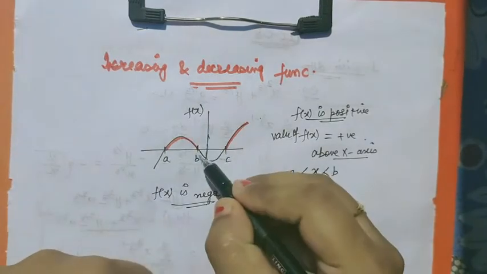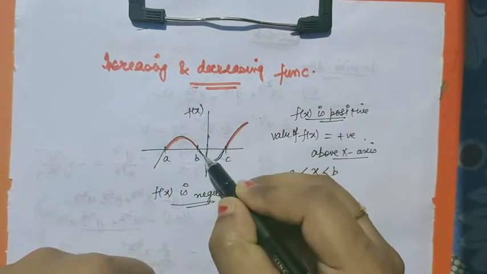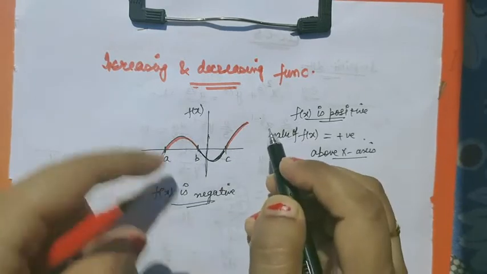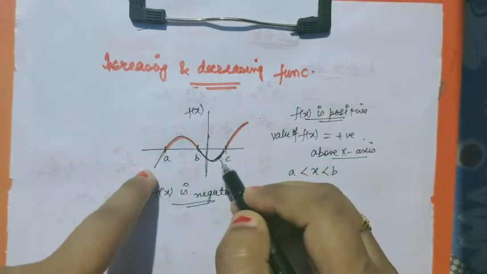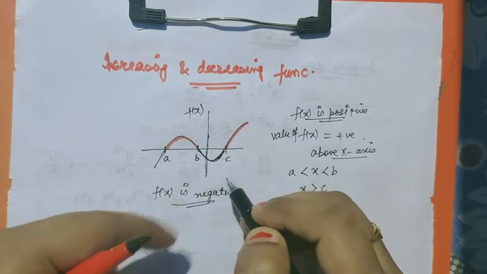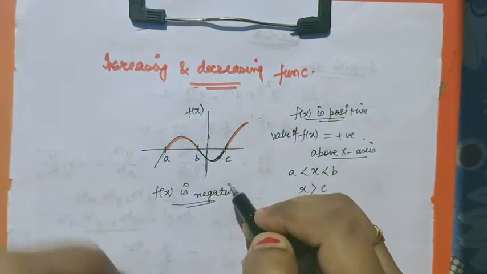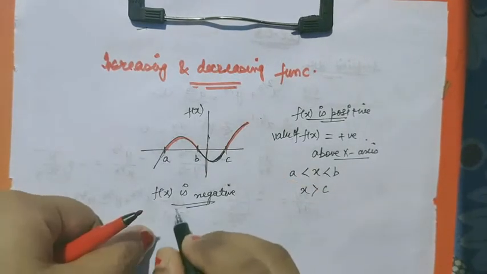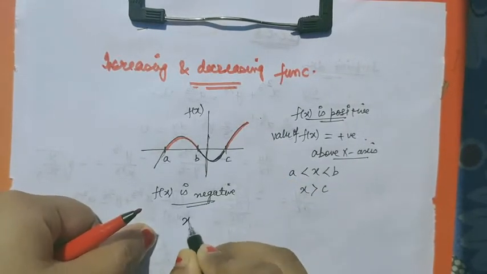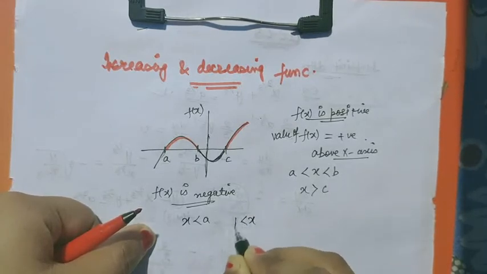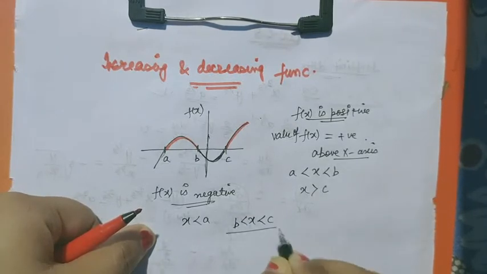So these parts, between b and c and before a, are those where the value of fx is negative. So you can say that fx is negative when x is less than a and x is in between b and c. Yes or no?